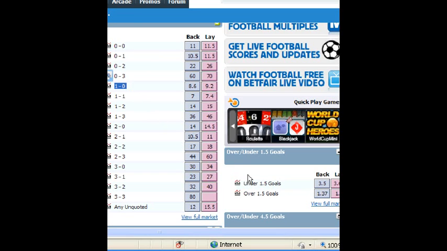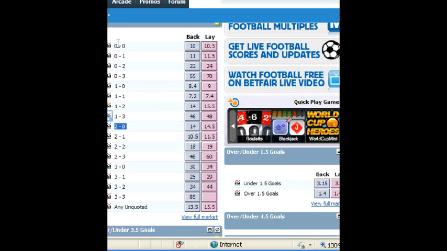You could do that all in one go by betting under 1.5 goals. You'd be betting at almost the same odds, but by going across from the correct score market into the unders and overs market, you would of course have a commission difference, because the two markets are not treated the same by Betfair.